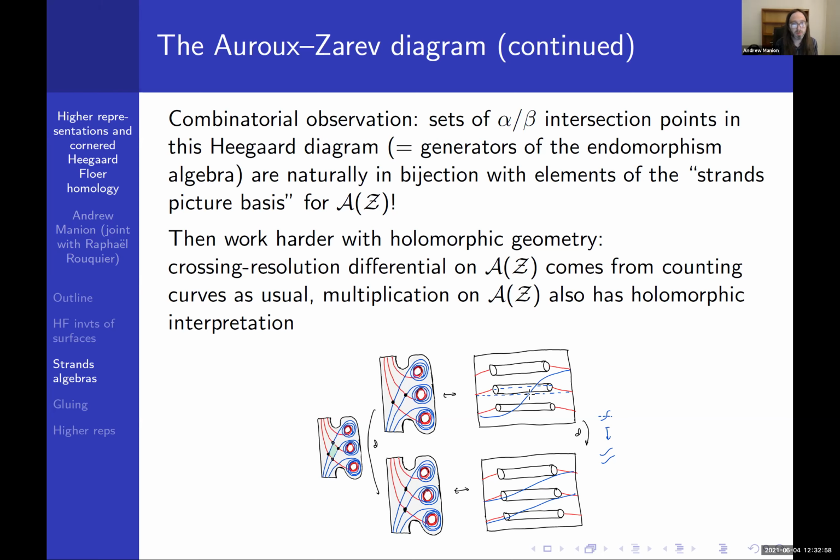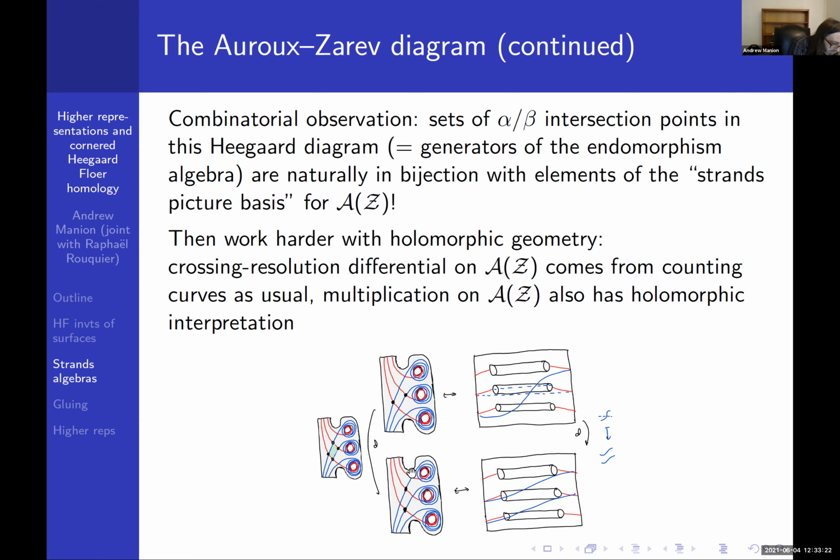Okay, so if I have a Heegaard Floer generator on the left, it turns out that it corresponds uniquely to one of those strands pictures. It's not entirely obvious what the correspondence is, but here you can see, for instance, that my strands generators that wrap a bunch of times are on one of these cylinders.